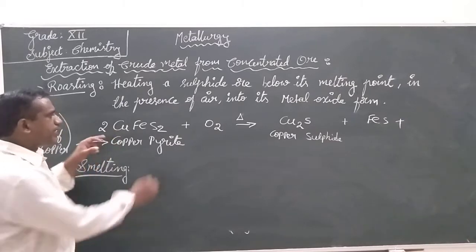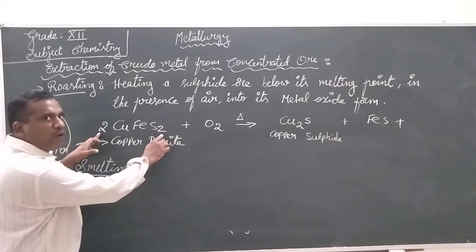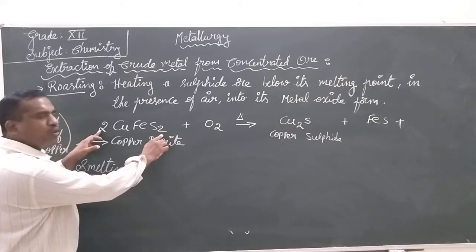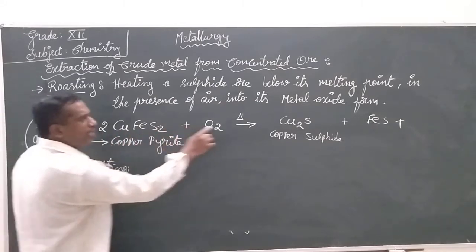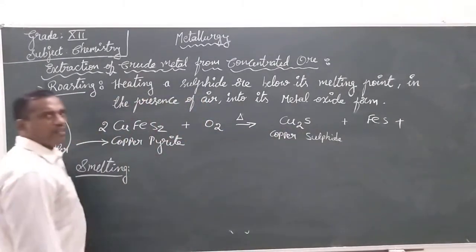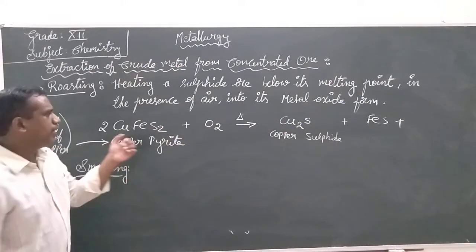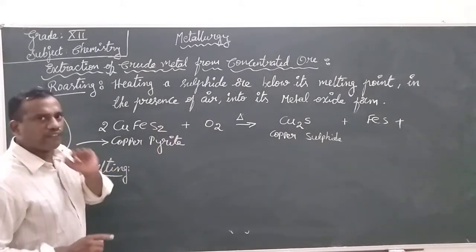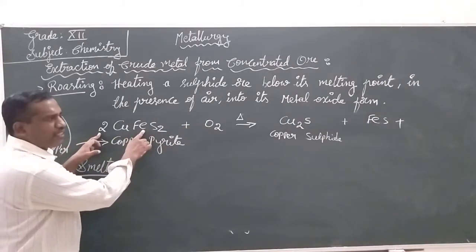What are we getting? We can find there are 4 sulfurs here, 2 twos are 4. 2 coppers are there. We mentioned 2 coppers can combine with 1 sulfur. That's all, so the coppers are completely used up, and there is only 1 sulfur. How many irons are there? 2 irons are there.